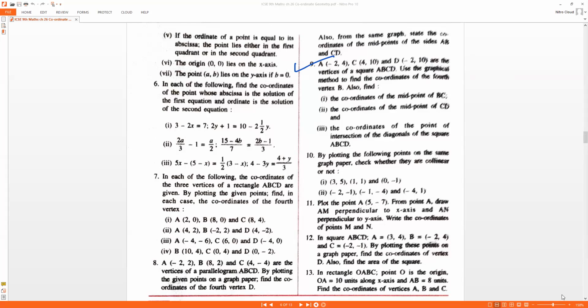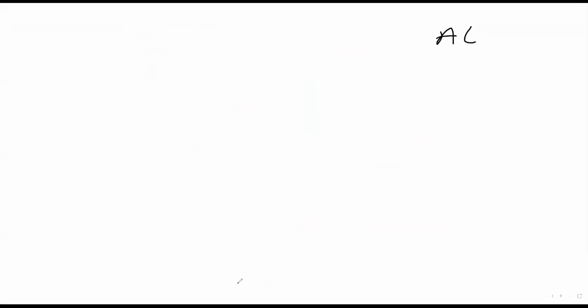First, write down what coordinates are given, so that will give you an idea. What is given? A is -2, 4, C is 4, 10, and D is -2, 10.